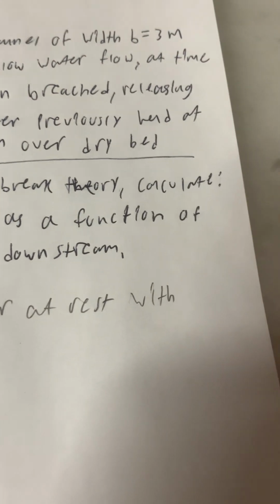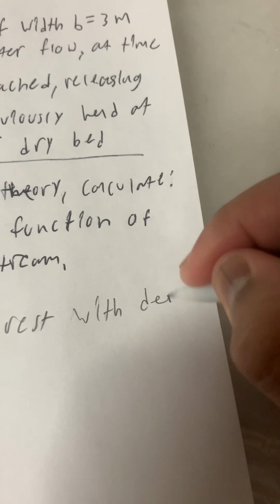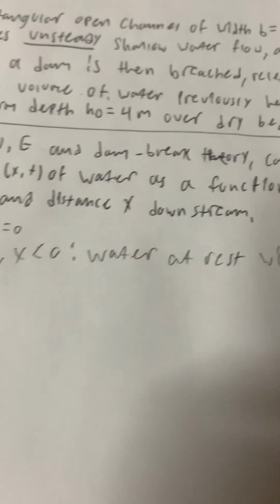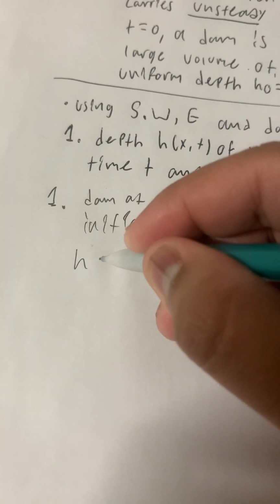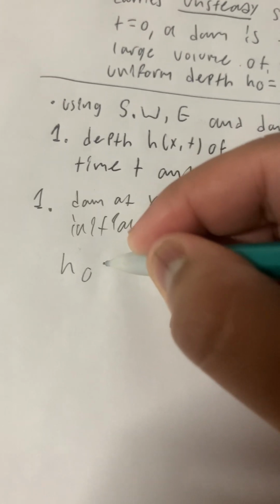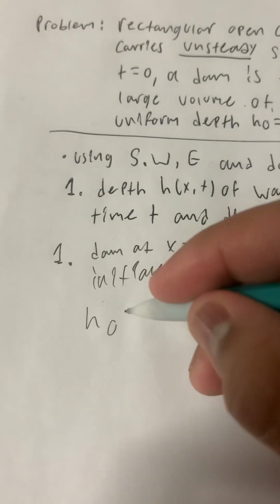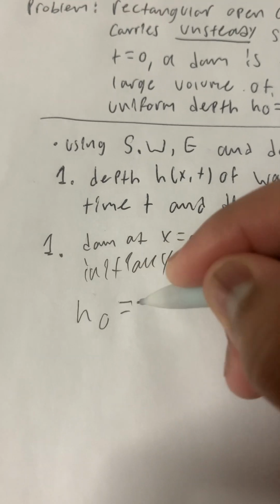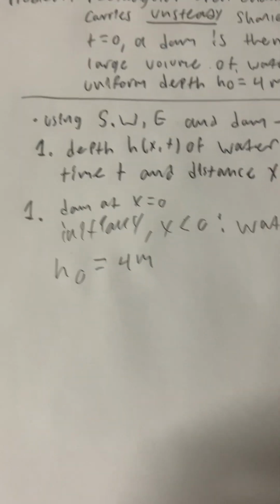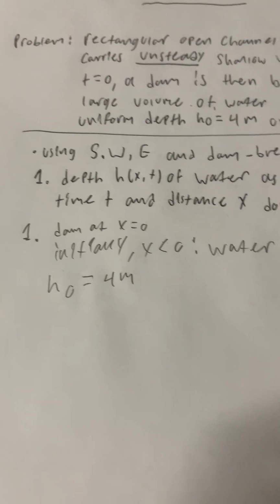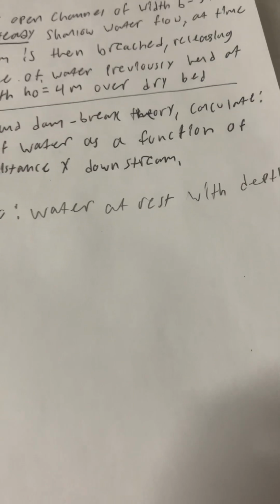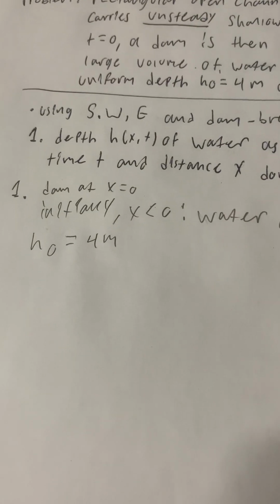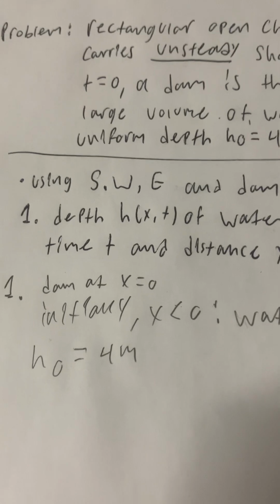Let's write this down. For x less than 0, h equals 4, because the water was at rest with a depth of 4 meters.